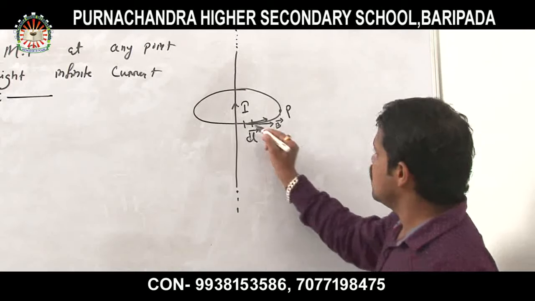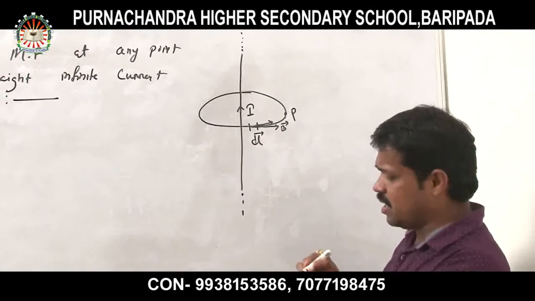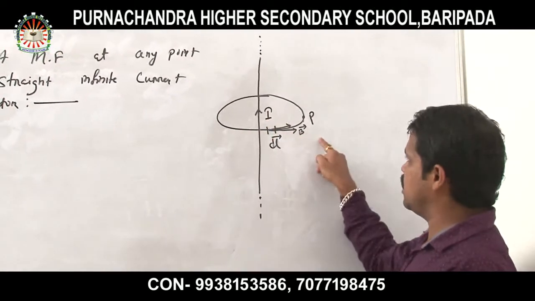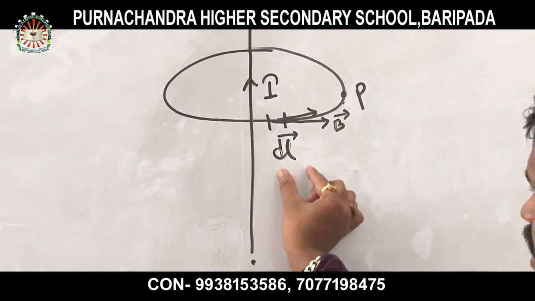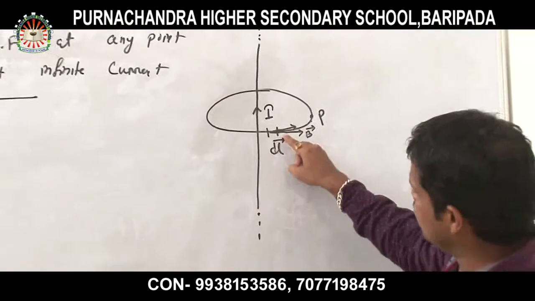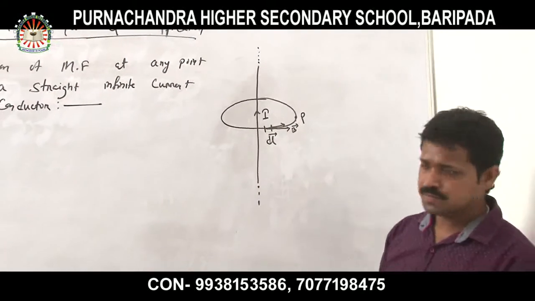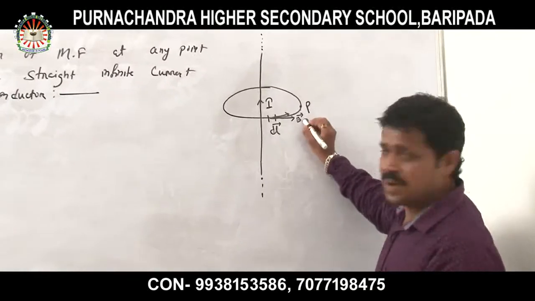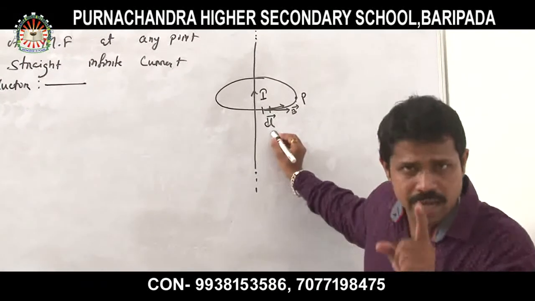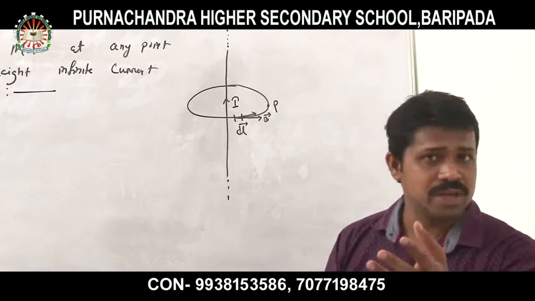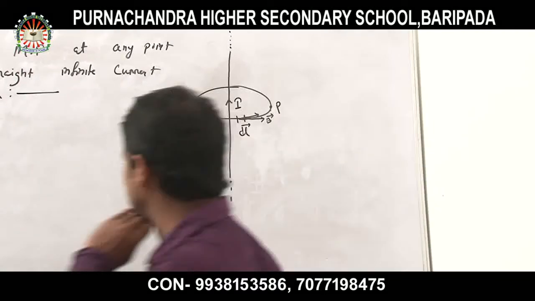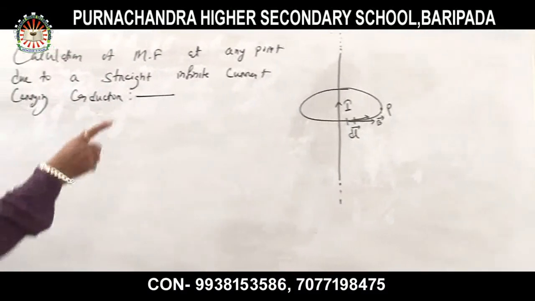Again I will repeat: this is my direction of magnetic field, and I take a small element dl in the same direction. That means the magnetic field B and dl both point in the same direction. So what is the angle between these two? Very simple, 0 degrees.